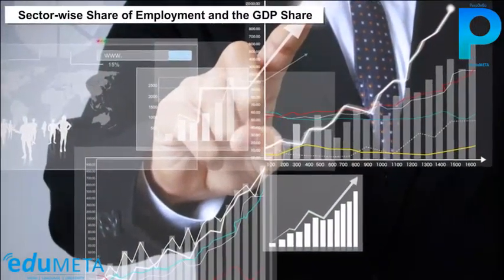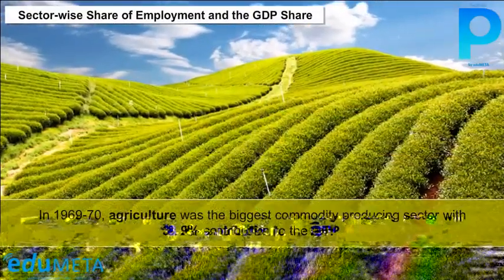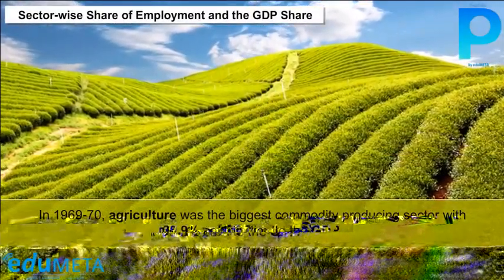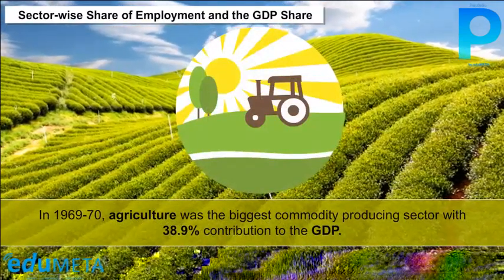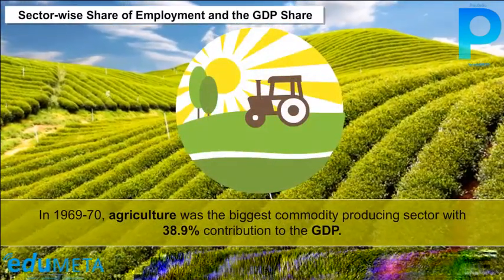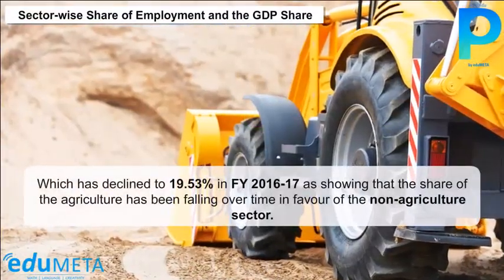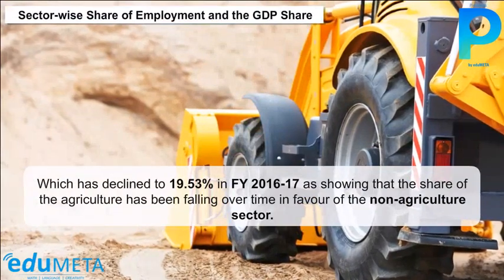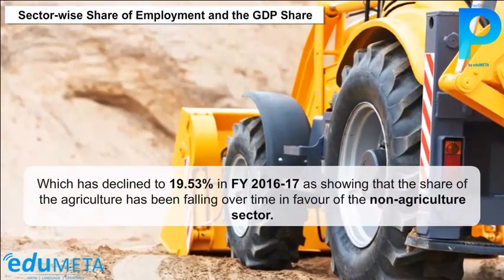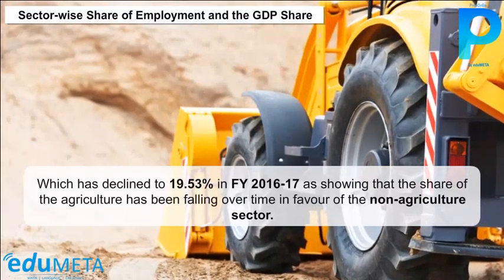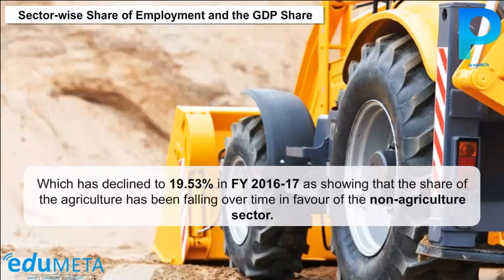Sector-wise share of employment and the GDP share. In 1969-70, agriculture was the biggest commodity-producing sector with a 38.9% contribution to the GDP, which has declined to 19.53% in financial year 2016-17. This has shown that the share of agriculture has been falling over time in favor of the non-agriculture sector.